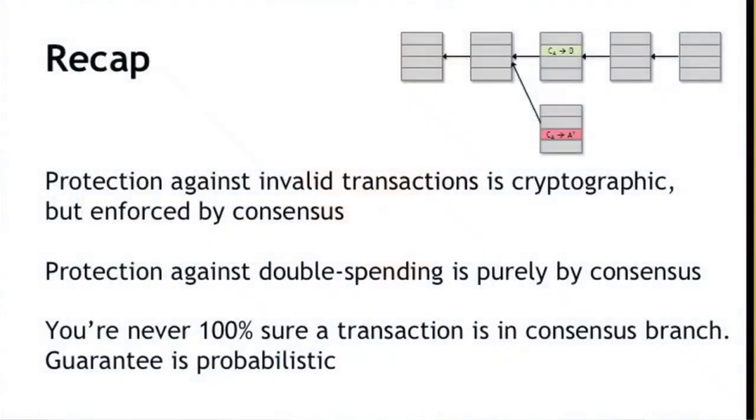So let's recap what we saw here. Protection against invalid transactions, that is, protection against a malicious node simply making up a transaction to steal someone's bitcoins, is entirely cryptographic, but it is enforced by consensus, which means that if a node does attempt that, then the only reason that that transaction won't end up in the long-term consensus chain is because a majority of the nodes are honest and will treat that transaction as invalid. On the other hand, protection against double spending is purely by consensus.